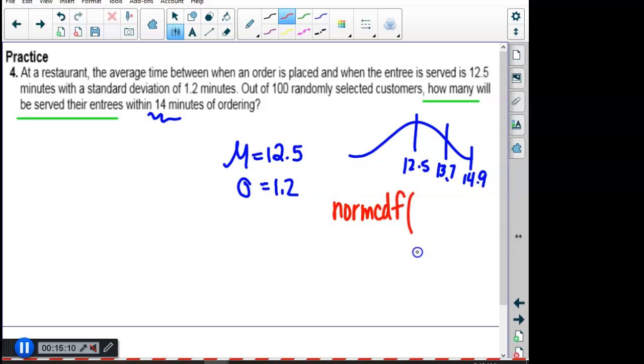But how do we say within 14 minutes, what do we want to use for a lower limit? I would use 0, because you can't get your food any faster than 0 minutes. 0 to 14 minutes with a mean of 12.5 and a standard deviation of 1.2.